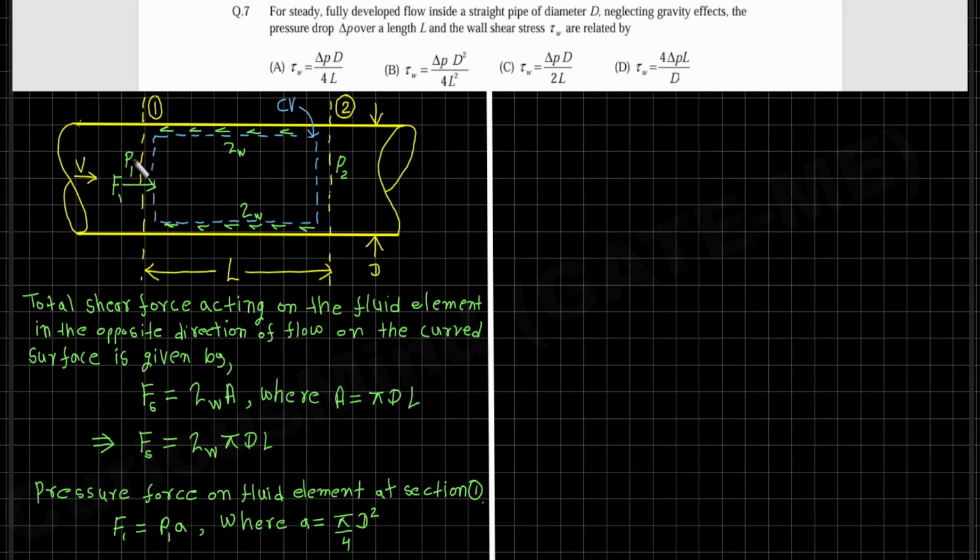The resultant of the pressure forces on this surface due to fluid pressure P1 becomes equal to the total pressure force F1, which would act in this direction, and A is the surface area of this circular surface on which the pressure P1 acts, which is equal to pi by 4 times diameter squared.